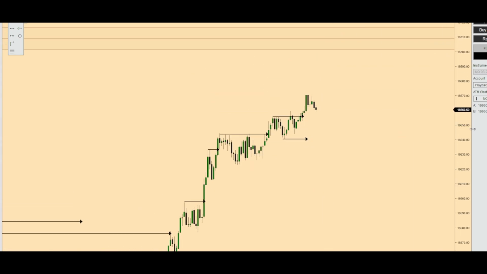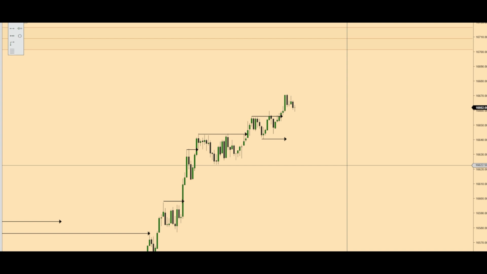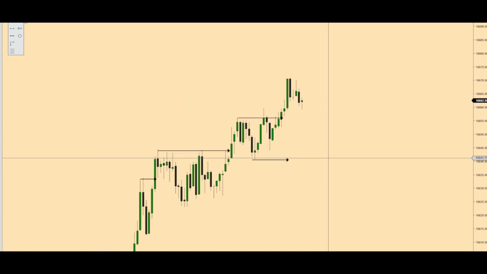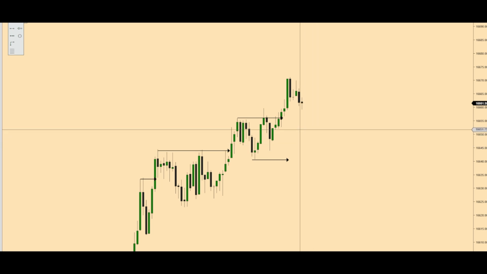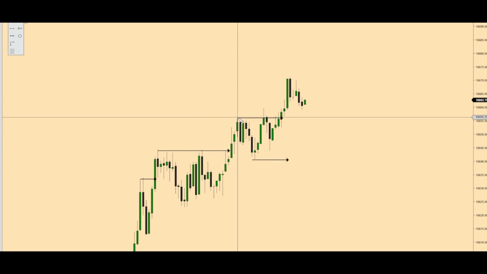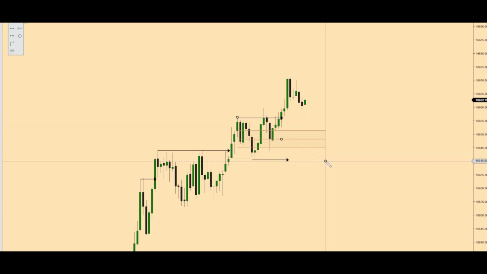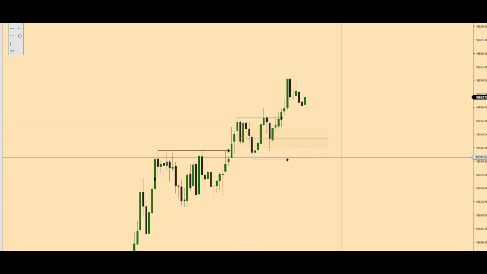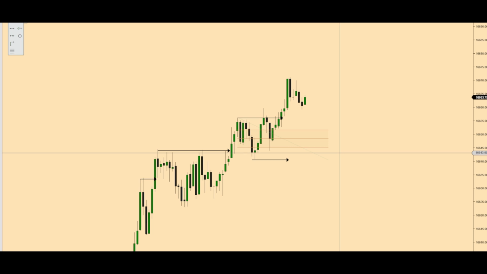Contemplating taking a trade out of this zone right here. I also want to try using a kind of buy stop, sell stop entry technique.